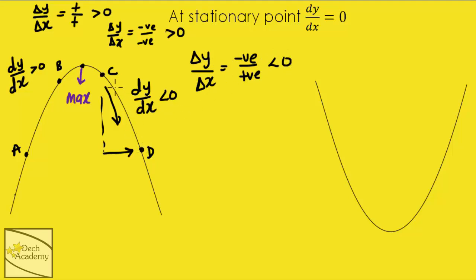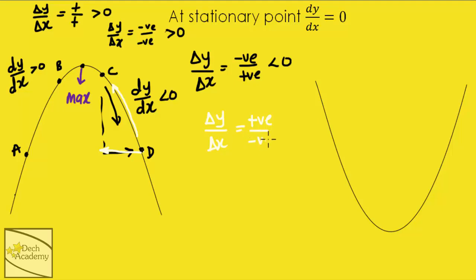If you move from D to C, the x coordinate decreases because you're moving towards the left. But you're moving upwards, so the y coordinate increases. So in this case, delta y is positive because we're moving upwards, but delta x is negative.